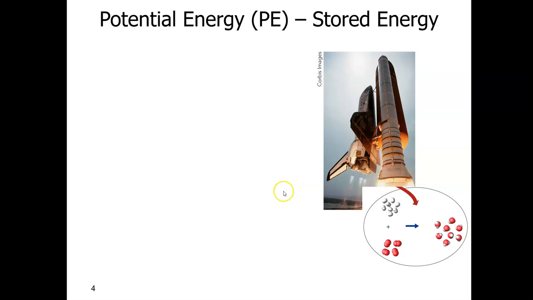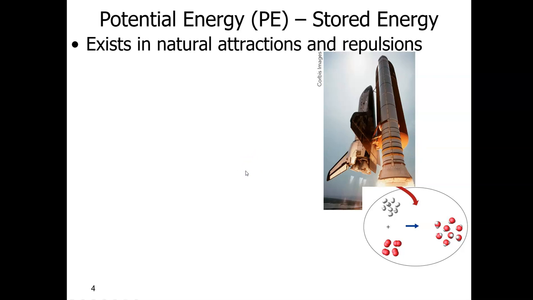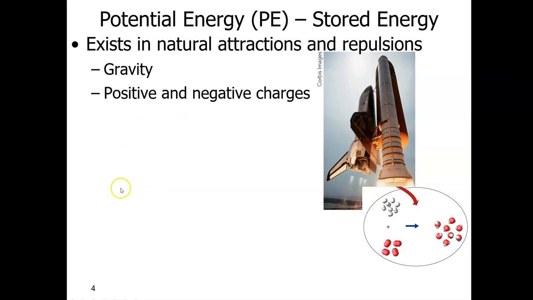So we can have potential energy, and then that can be converted into kinetic energy later on. Again, this exists in those natural attractions and repulsions of our chemical bonds that are formed. We can think of these things as gravity or positive and negative charges, kind of as analogies here. Springs, we can put potential energy into a spring.